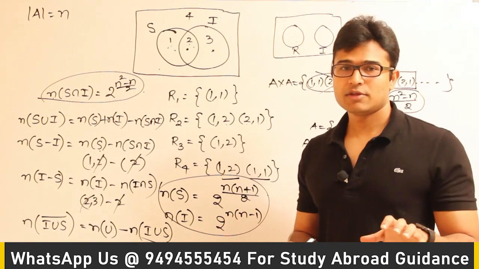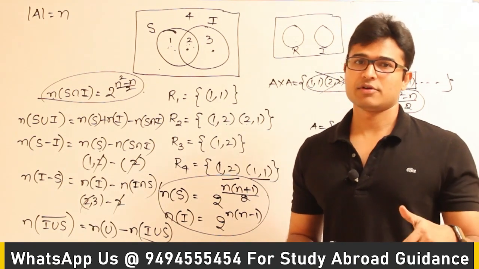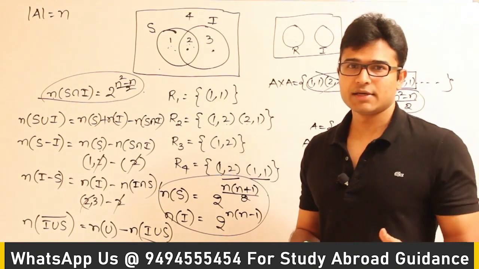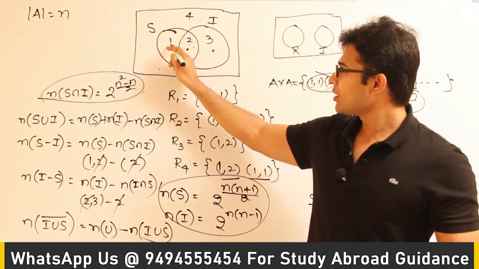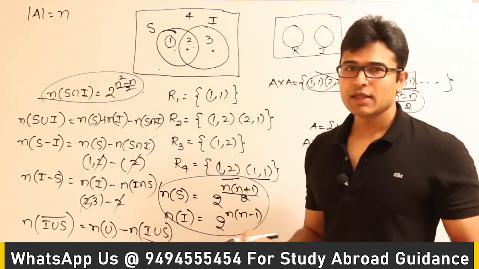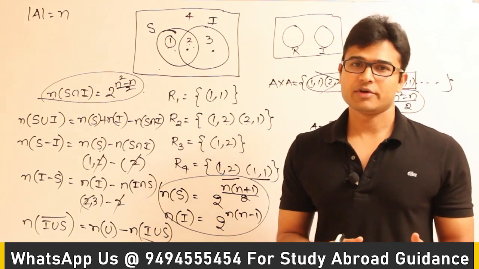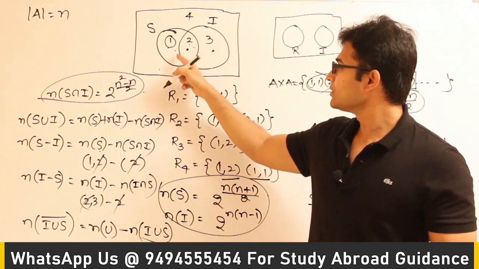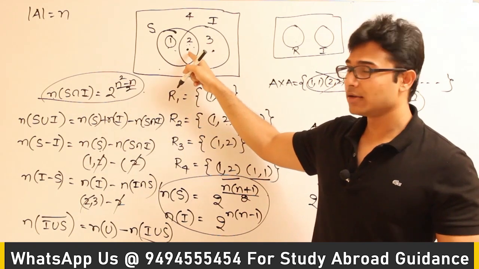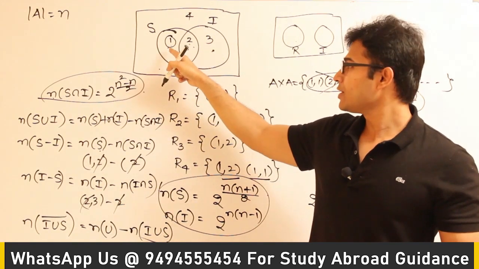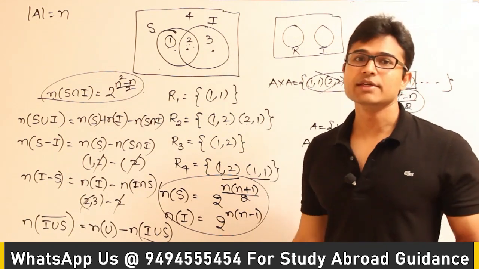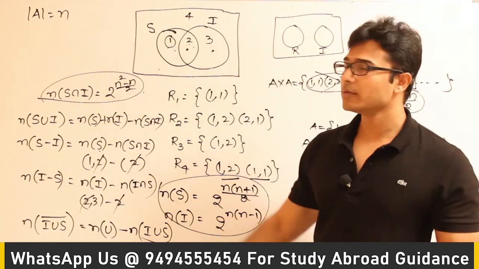If you try to derive the number of symmetric relations which are not irreflexive, it might be difficult. So instead of that, if they are asking for area number 1, directly jumping into it and trying to solve this as a standalone question is difficult. If you can see the relationship and if you can find out region 2 first, then finding out region 1 and region 3 will be easy. Then finding out region 4 will be easy.